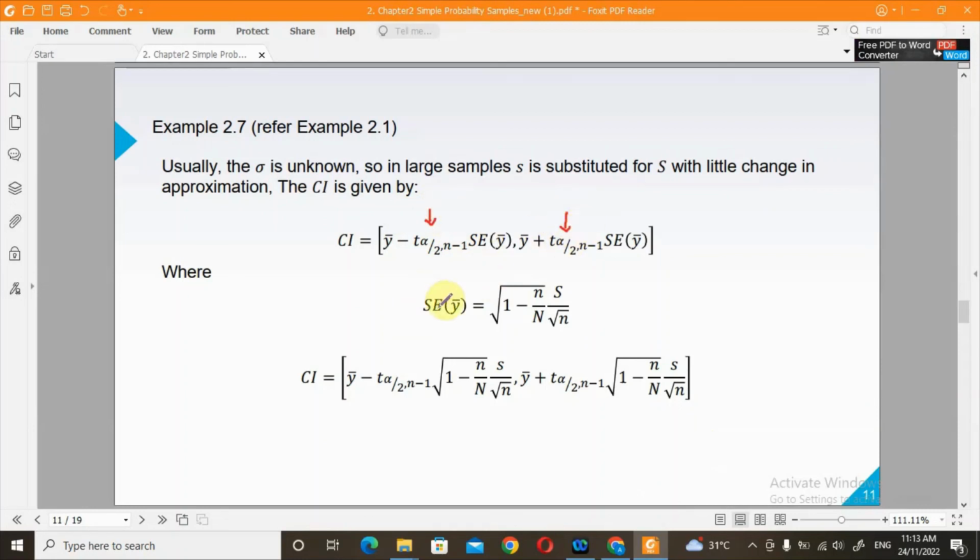For this one you have to refer to the t distribution table, while the previous one is the z distribution table, and you have to determine the degrees of freedom, which is equal to n minus 1. And for t alpha over 2, usually the alpha used is also 0.05.